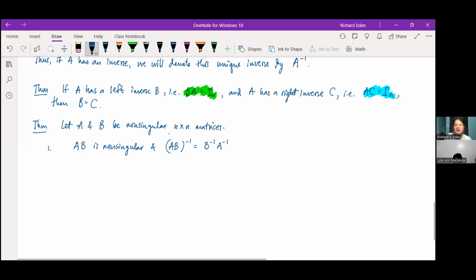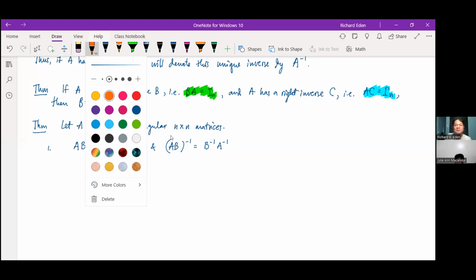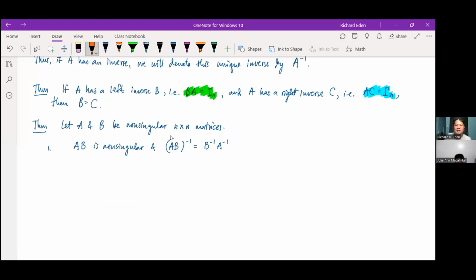Okay, kasi ang ginagawa natin, ganito. Given the starting matrix AB, gusto natin maghanap ng pwedeng ilagay doon sa blank so that the result will be the identity matrix. Okay, because this is a proof, let me write it using a different color.